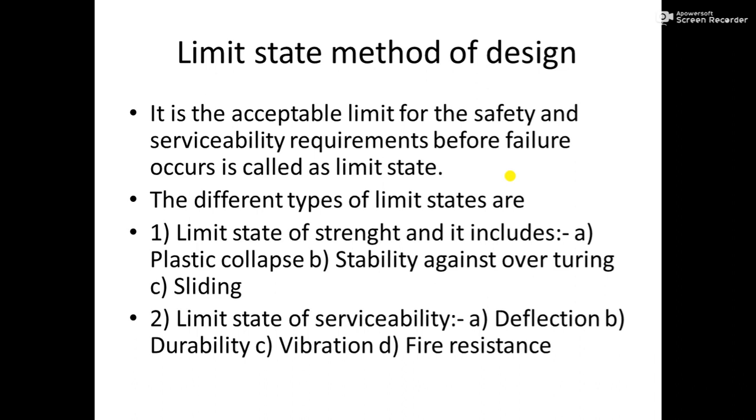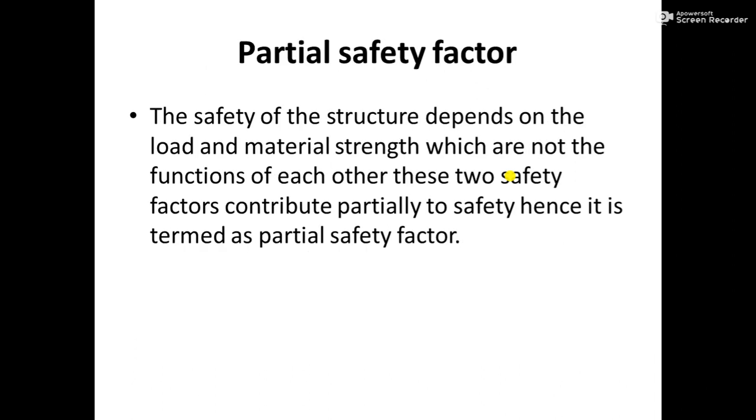And the second one is limit state of serviceability, which includes deflection, durability, vibration and fire resistance. In the limit state method all these types are considered and then the design is done. So the limit state method is a very useful method in steel construction.